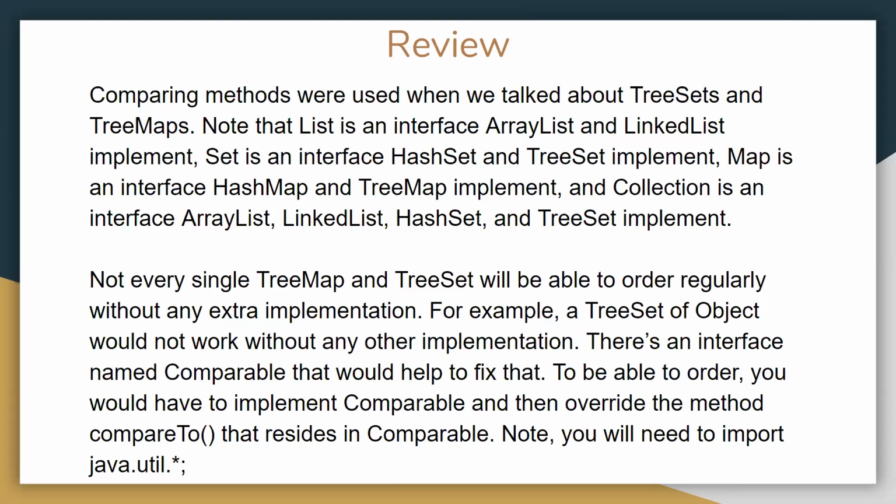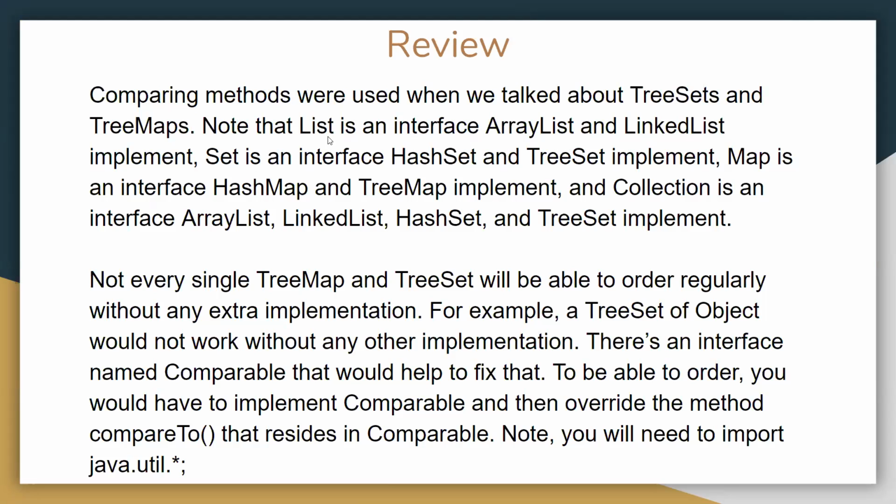So anyways, the following part here is just a general note. But since we already learned about interfaces, it's a bit easier for me to tell you now. List is an interface that array list and linked list implement.